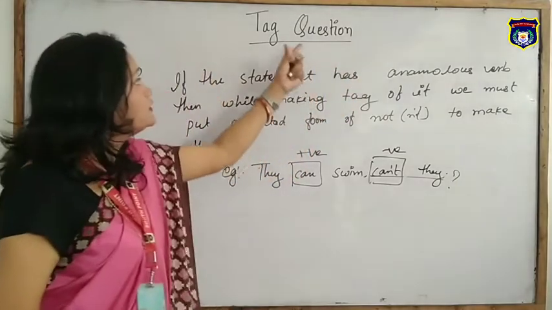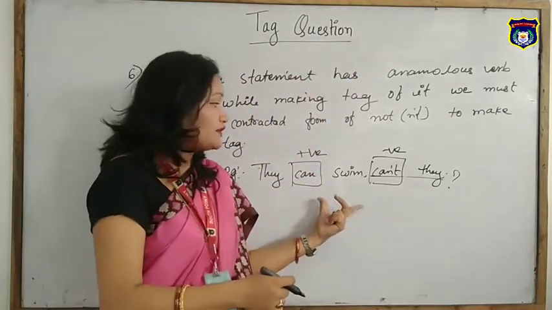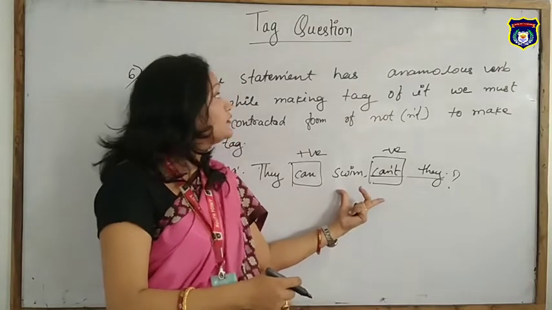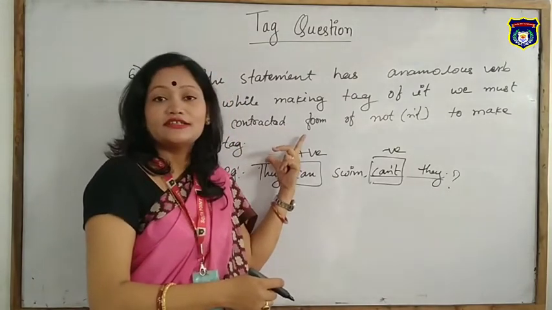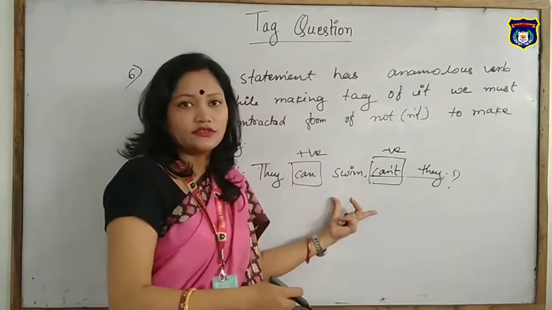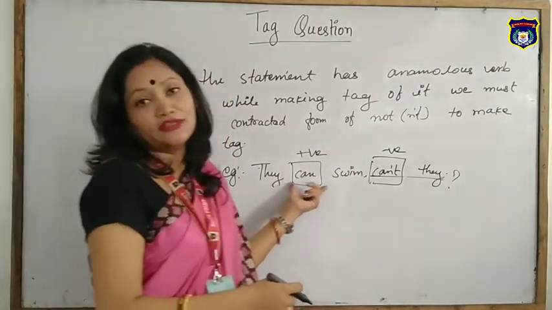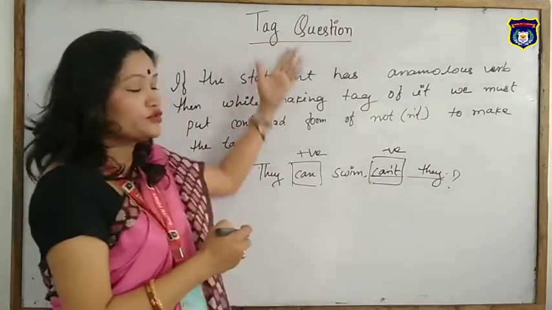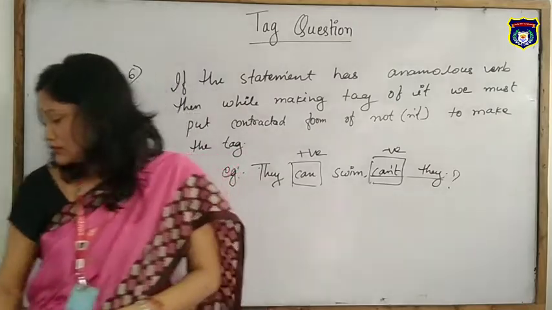So these are the tag questions that we need to be very clear about, and we need to be very focused while making them. And these all are the declarative and affirmative sentences as well as negative ones, and how to make the tag of them. So now remaining is the imperative sentences. I hope up to here it is quite clear to you.